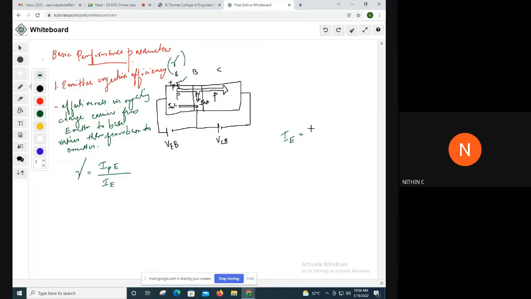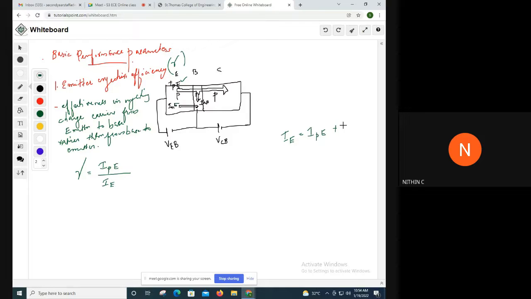That is, IE has two components. One is IPE plus INE, which is due to the electrons, which are the minority carriers. The electrons flow this way because we are connecting the positive terminal here, so the current is in the same direction. So we are taking it as plus.